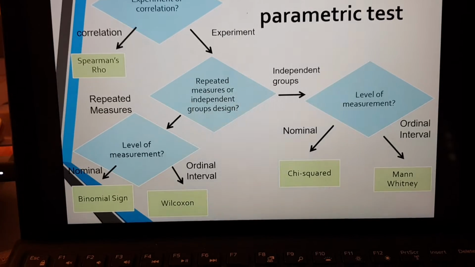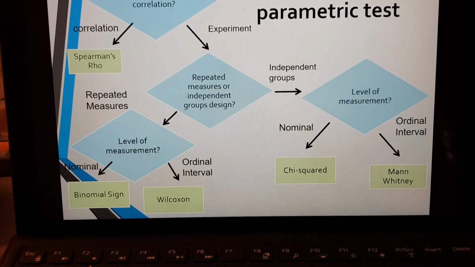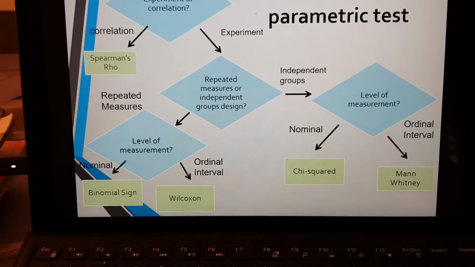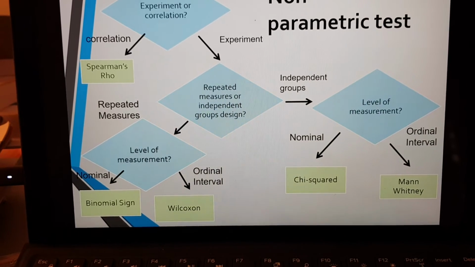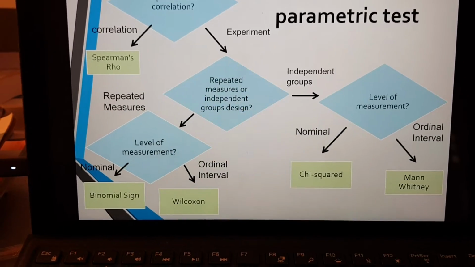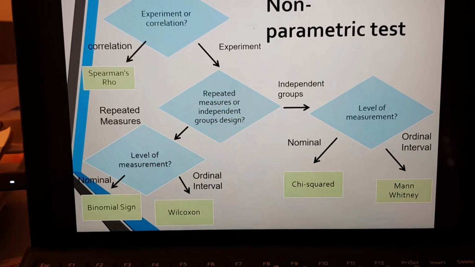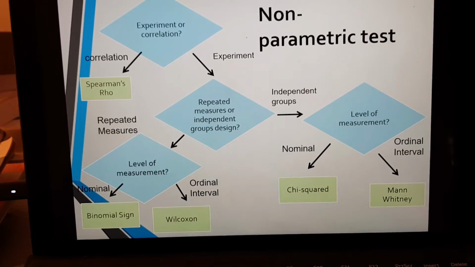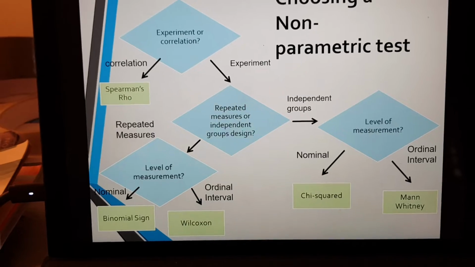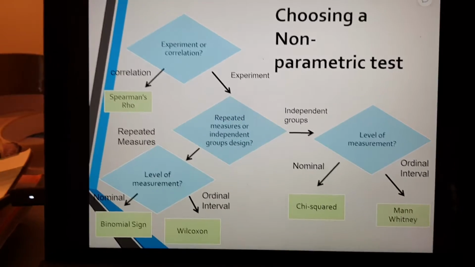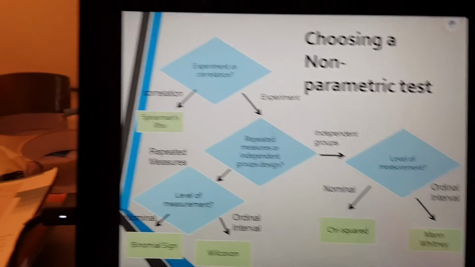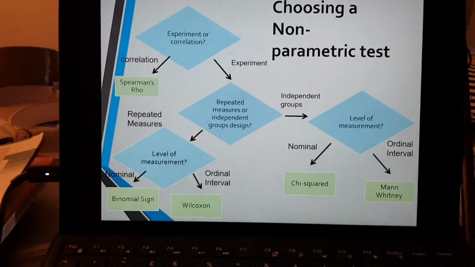Our data has to be related, so we've got something like a repeated measures design. You could also use matched pairs, because that would be treated as related data. And our level of measurement would be a scale of some sort, either an ordinal scale or an interval scale. So that's our decisions.